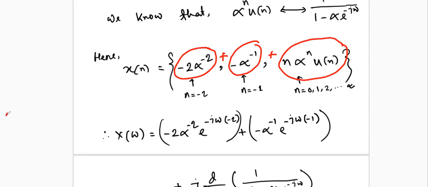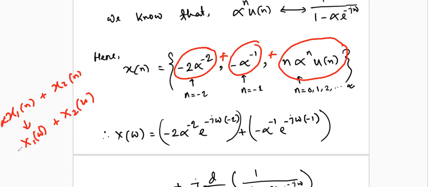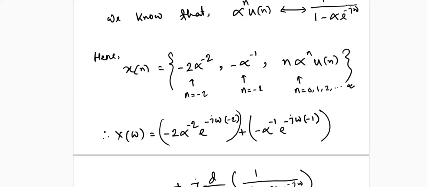If you have x1[n] plus x2[n], you have X1(omega) plus X2(omega). If you have multiplied with some constant alpha or beta, it will be also there. So according to that, we can do that.